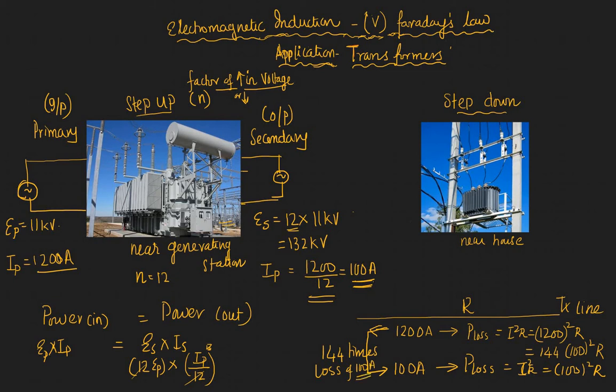So if you reduce the current by 12 times, then the power loss decreases by 144 times. So that's the whole idea. That's why you want to reduce your current.